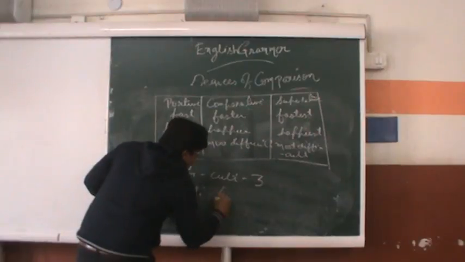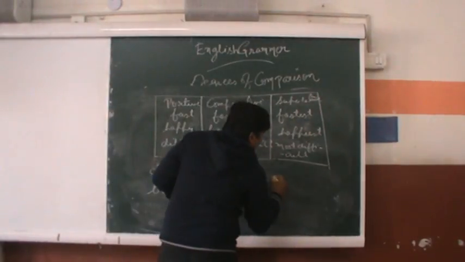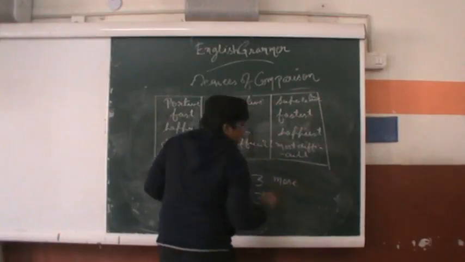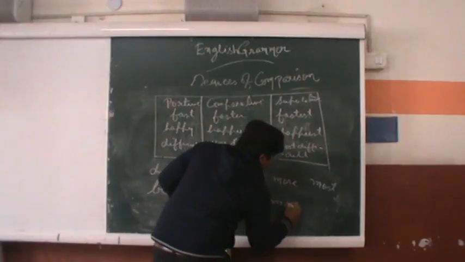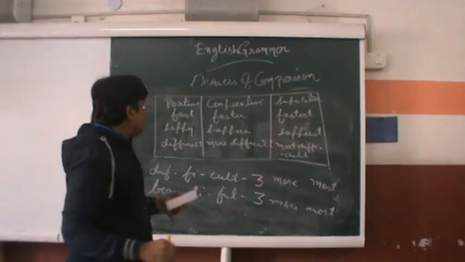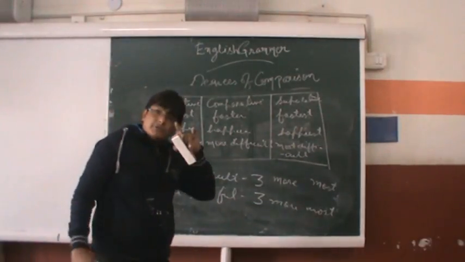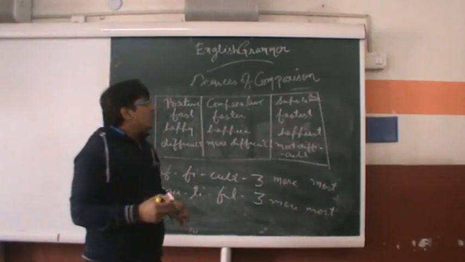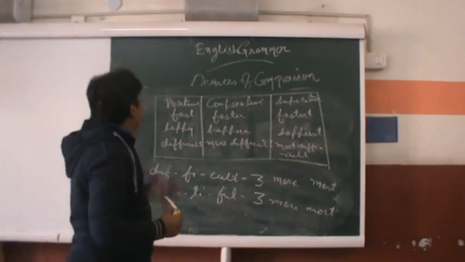Beautiful, again three syllables, and that is why we add prefixes like more and most. So it becomes more difficult, most difficult, and it becomes more beautiful and most beautiful. So this is the concept of degrees of comparison.